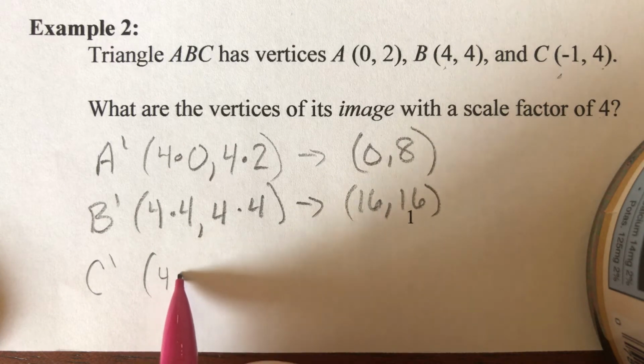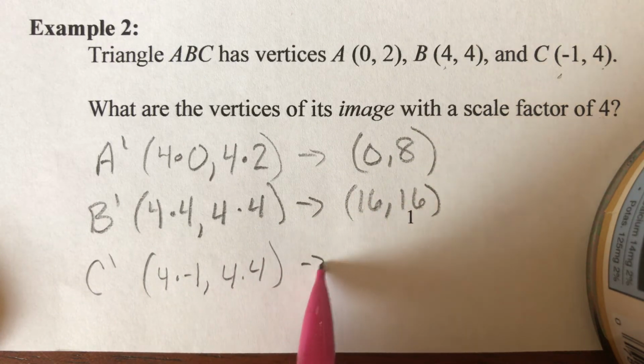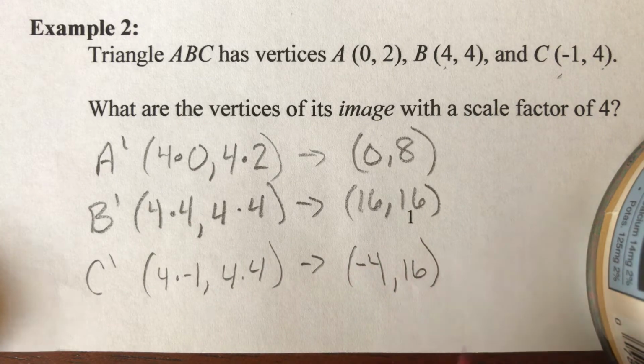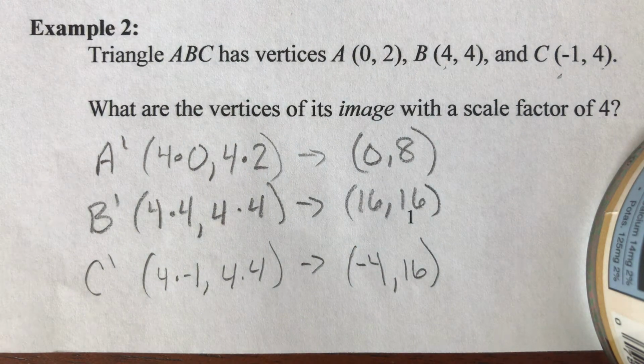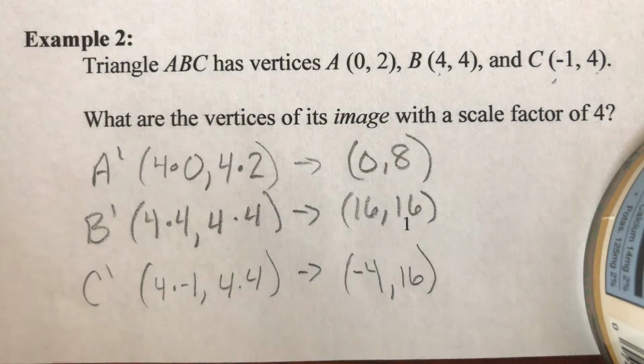So we have 4 times -1 and 4 times 4. That is -4 and 16. So this is just going to make that triangle enlarge. It's going to look like the same shape though, and we're going to talk about what makes it look that way coming up in just a minute.